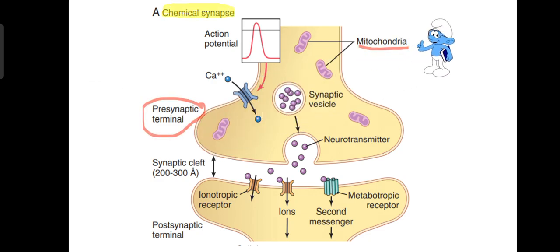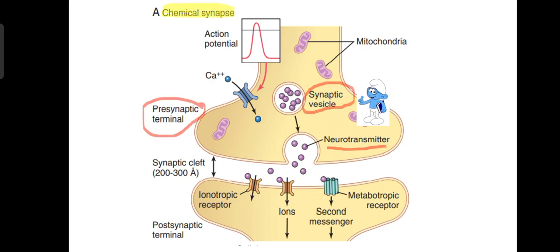Now, the presynaptic neuron has large amounts of synaptic terminals with mitochondria, which are very important to produce energy, important for forming and releasing these neurotransmitters from the synaptic vesicles.